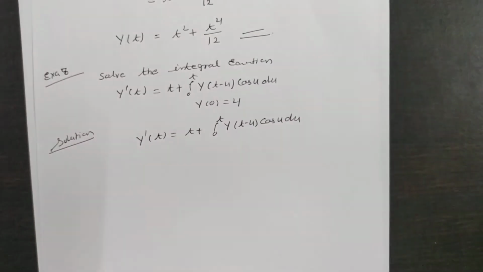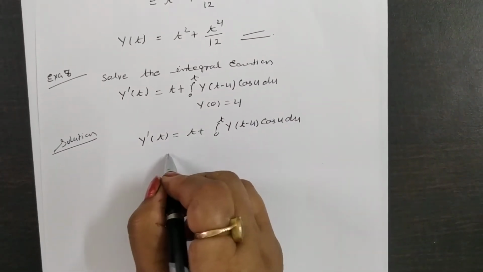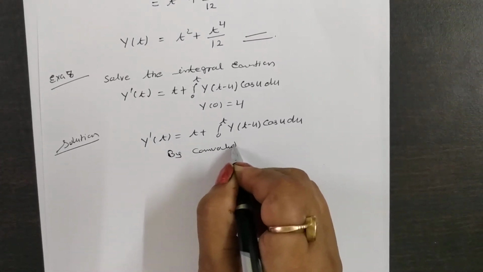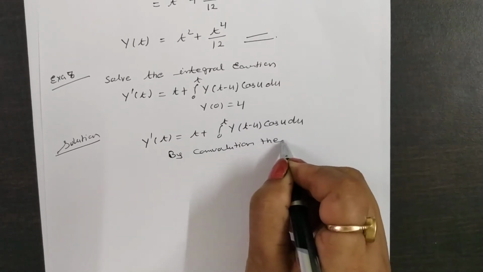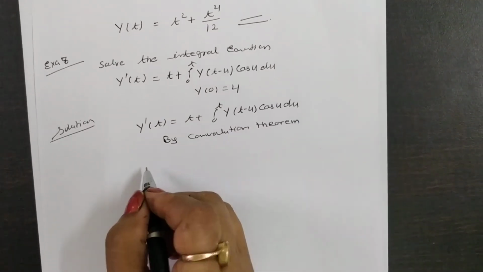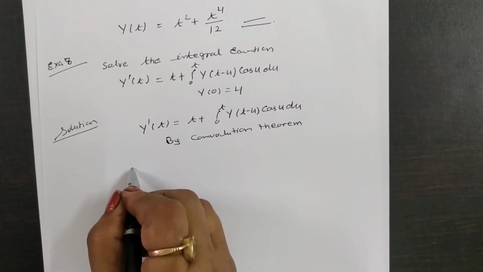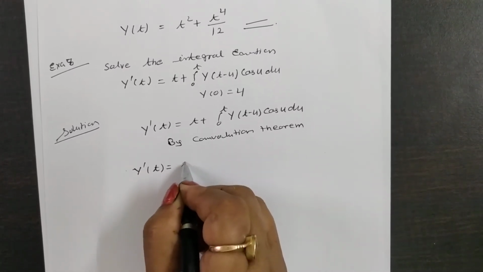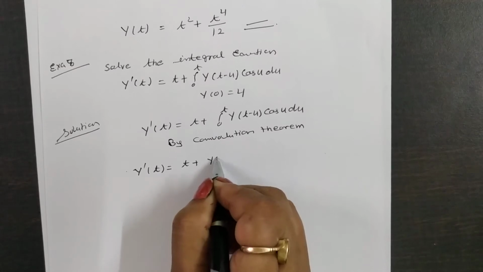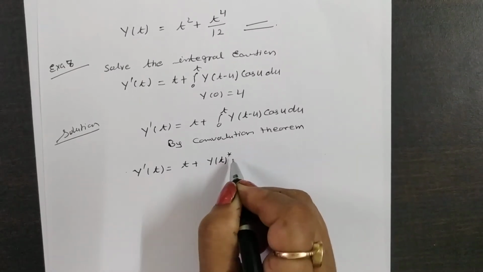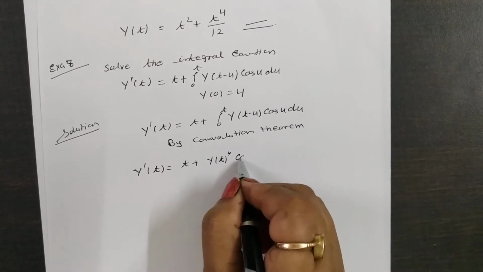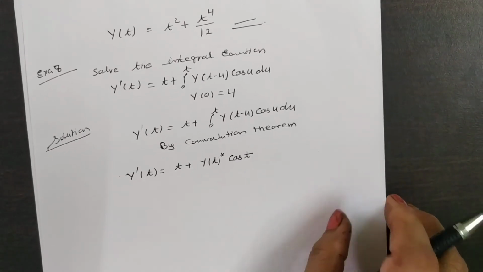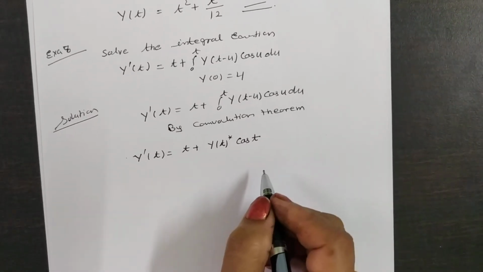By the convolution theorem we get y dash t is equal to t plus y(t) star cos t. Clear?